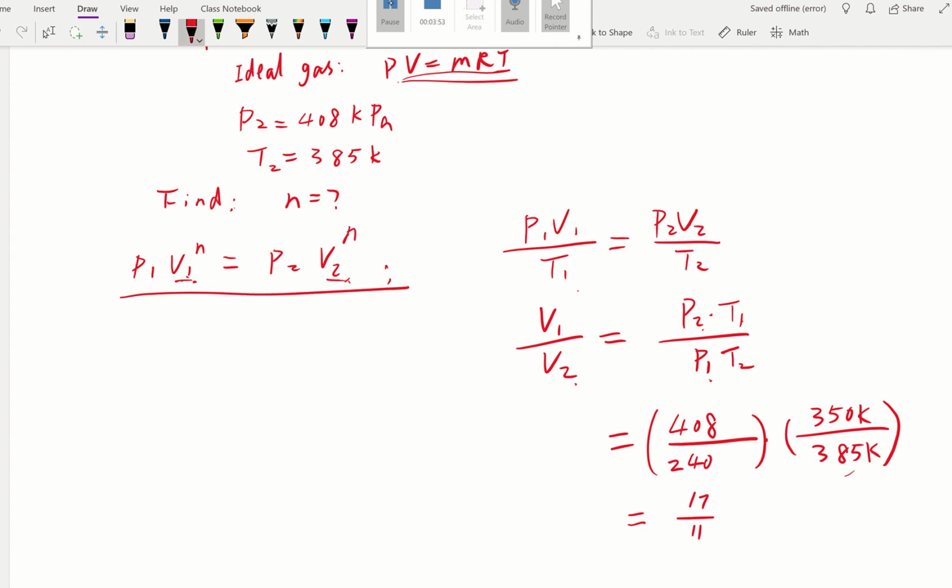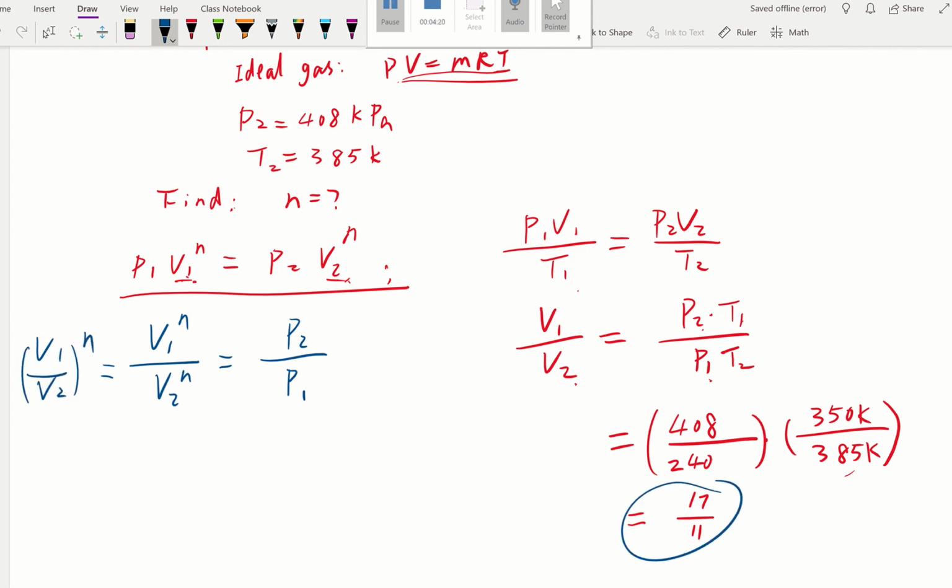Now we're going back to this polytropic process, because we are going to write down V1 to the n over V2 to the n, that's going to be equal to P2 over P1. Then essentially this is V1 over V2 to the power n, right?